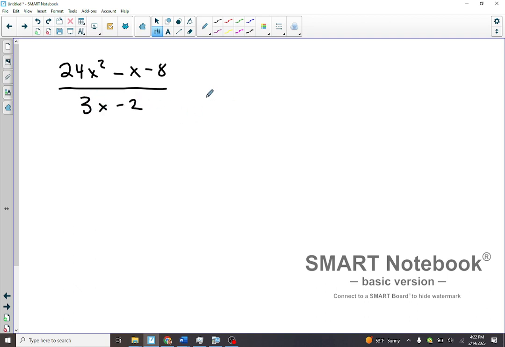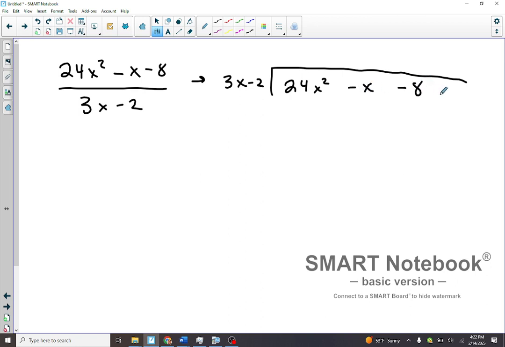So to do this long division, we're going to write this as 3x minus 2 divided into 24x squared minus x minus 8.